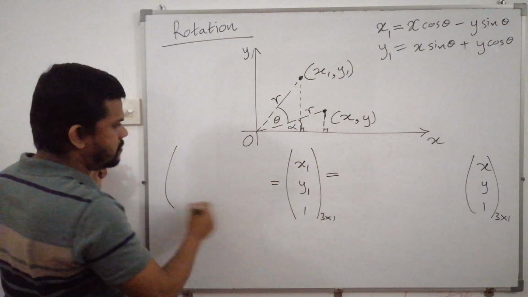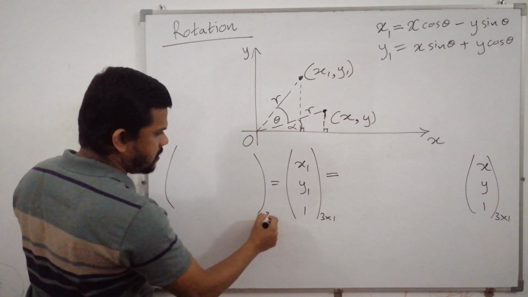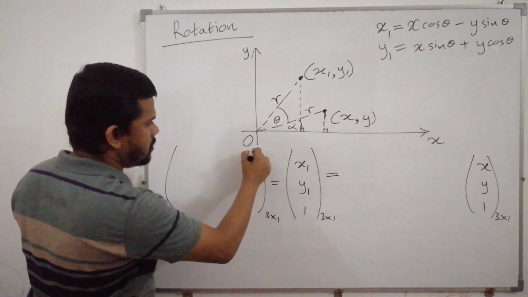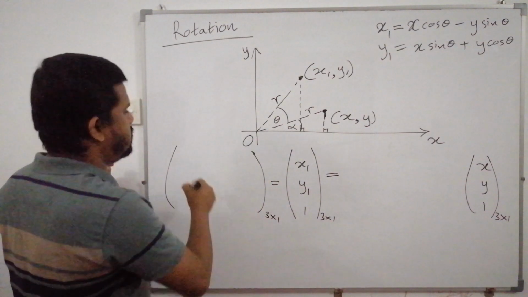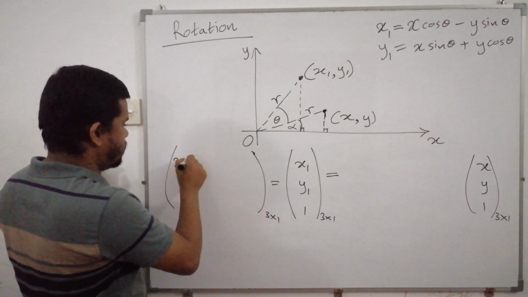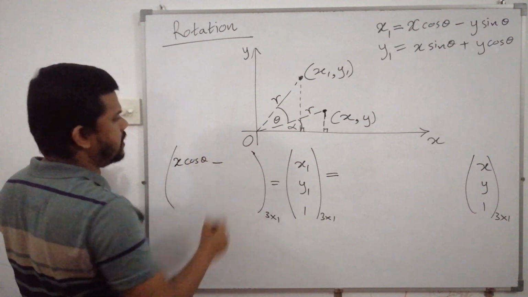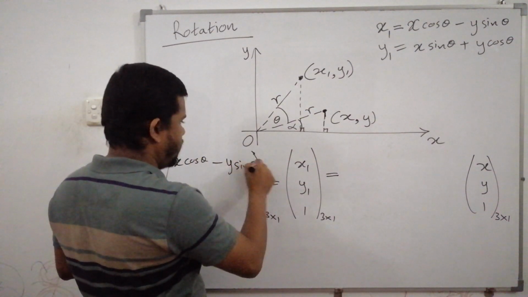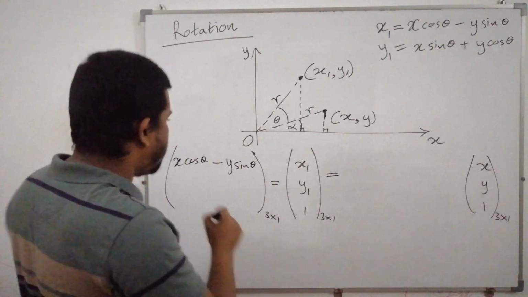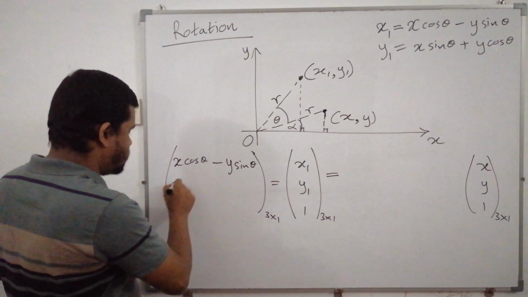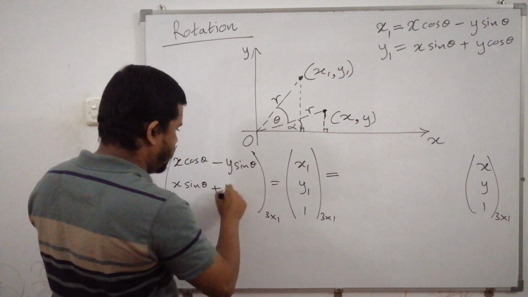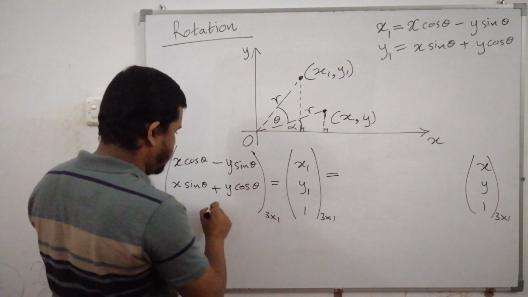So now here let's write down. x1 means x cos theta minus y sin theta. y1 means x sin theta plus y cos theta. Here it is 1.